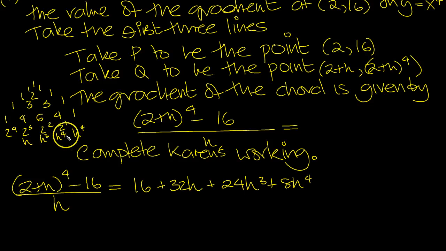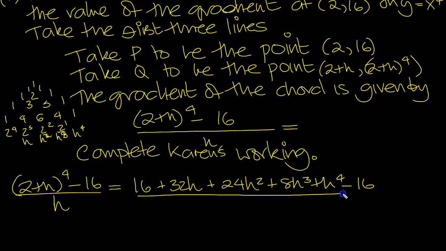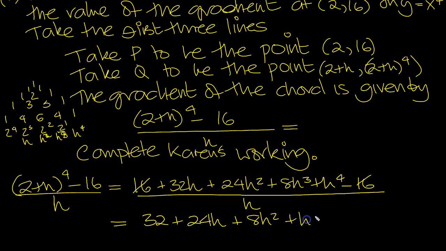8h, this should be 3, and this should be 2, not good. But it's okay, we've got over it there, cubed, and then the last one is plus h to the 4, minus the 16 over h, which equals, divide by h all the way through here, 32 plus 24h plus 8h squared plus h cubed.